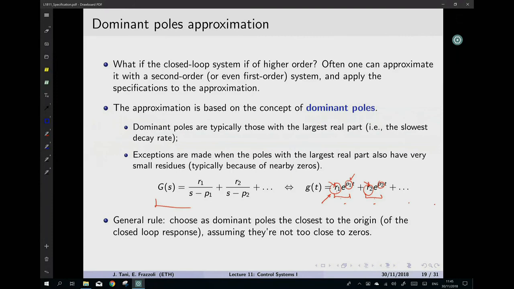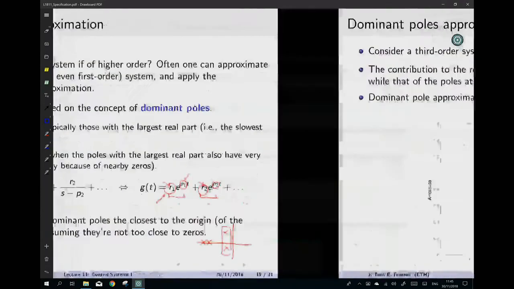In that case, you wouldn't keep it as a dominant pole. But as a general rule, you choose dominant poles. Suppose you have a system that has two poles here and two here. You choose these ones because they're the slower ones, the ones that decay more slowly, because they have a negative real part that is smaller in magnitude than the other ones.